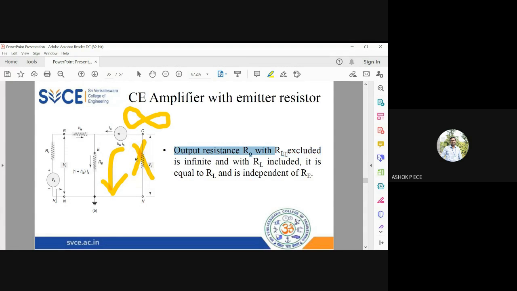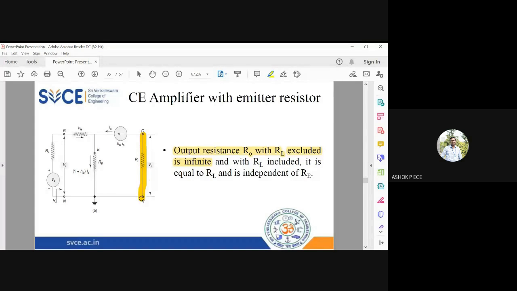See here, that is what is given. The output resistance with RL excluded is infinity. Can anybody say what is the output resistance if RL is included? It is a bit tricky, but if you say the answer, you are great. You have understood the concepts well. What all resistance can you see if you connect this RL also? One resistance is RL.